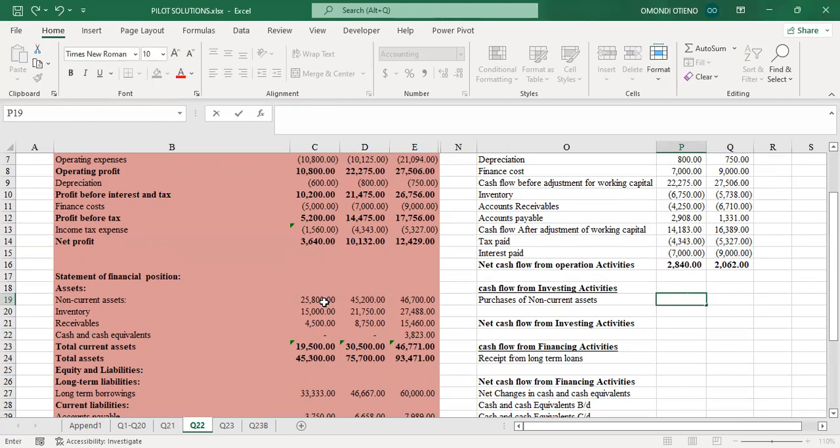And since it is cash outflow, for the purchase of non-current assets, we will say this one here minus what we have in this account, and then we add the depreciation expense for that specific year. Then we'll be able to get the cash outflow.